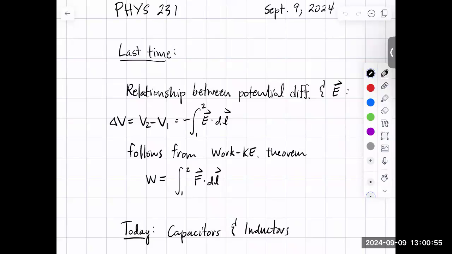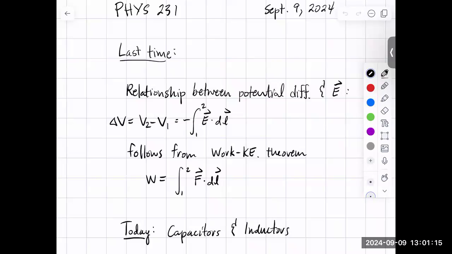We showed a connection between potential difference, or voltage difference, which we'll use all the time in this course, and electric fields, and connected that to a more fundamental theorem of physics, the work-kinetic energy theorem.